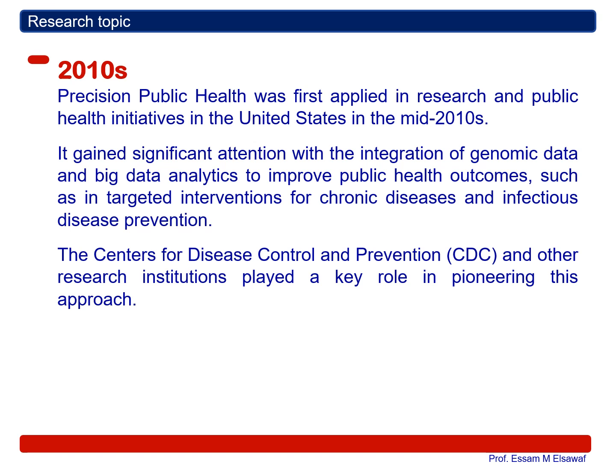Precision public health was first applied in research and public health initiatives in the United States since that time. It gained significant attention with the integration of genomic data and big data analytics to improve public health outcomes, such as targeted interventions for chronic diseases and infectious disease prevention. It's mainly used by the Centers for Disease Control and Prevention, which is known as CDC.